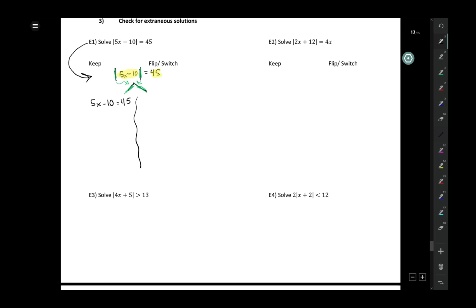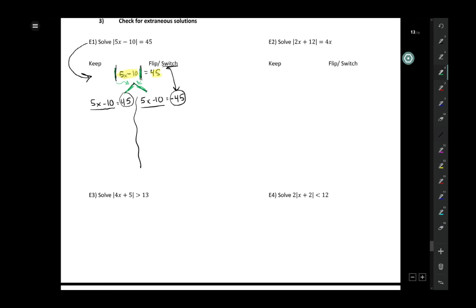The other side, you're going to keep everything in the absolute value signs the same, but we're going to switch to -45. What's inside those always stays the same. What you're changing is either positive to negative, or negative to positive.